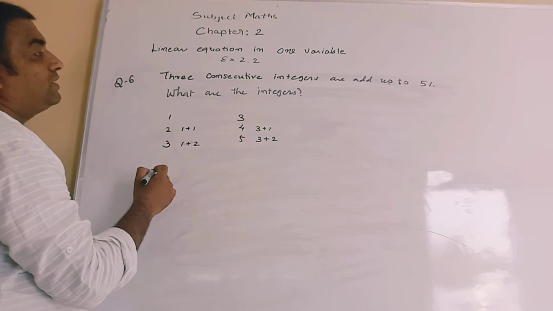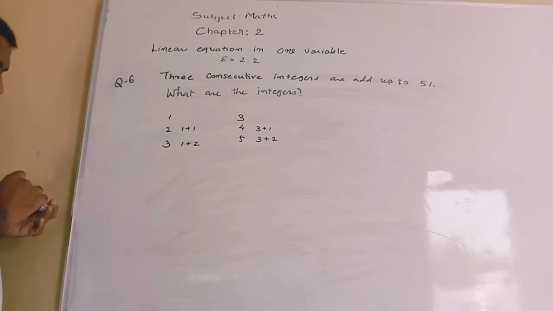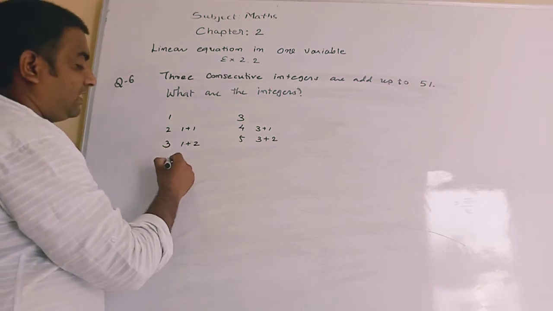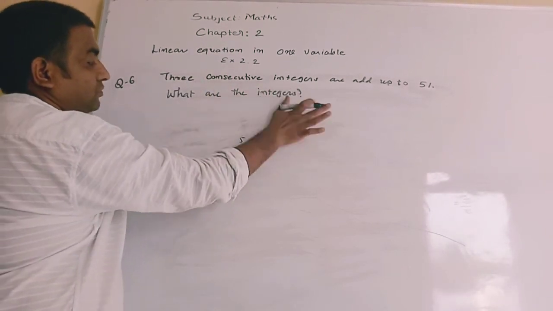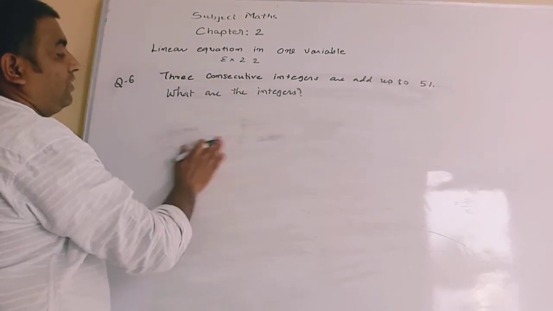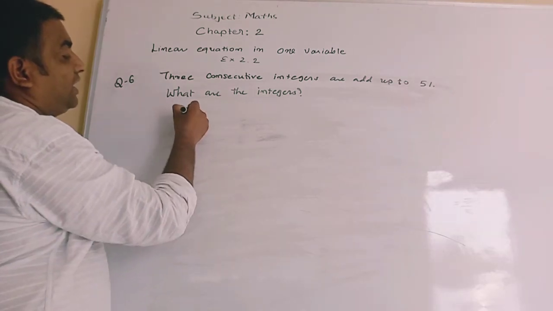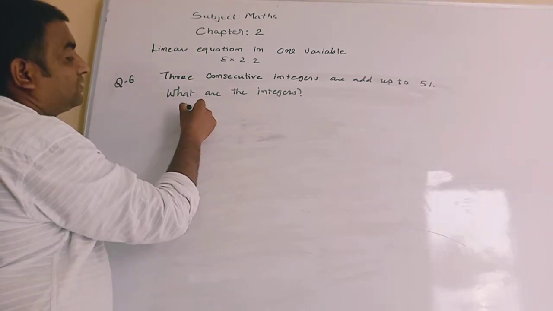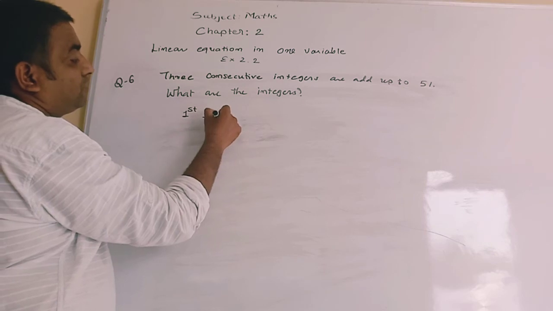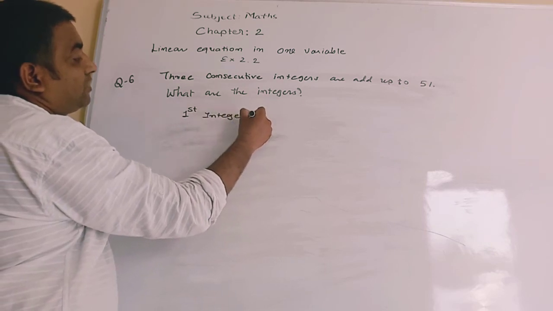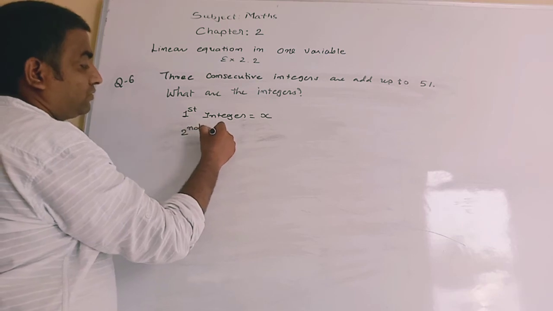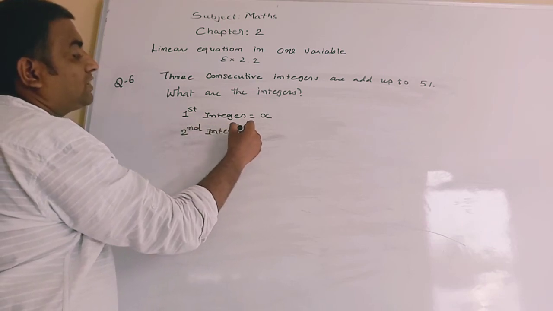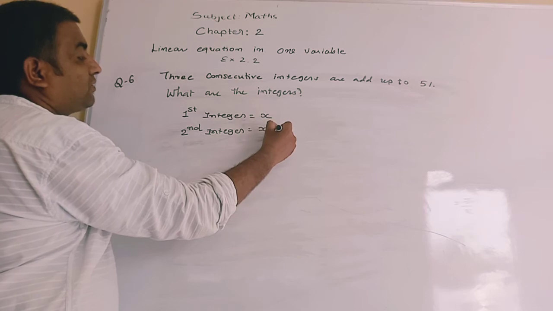So we don't know which are the integers. So let me write first integer is x. Then second will be one more, and one more means x plus 1.